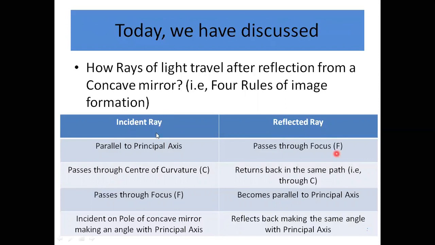If incident ray passes through center of curvature, reflected ray returns back in the same path. If incident ray passes through focus, reflected ray becomes parallel to principal axis. If incident on the pole making an angle with principal axis, then reflected ray will be making the same angle with the principal axis.